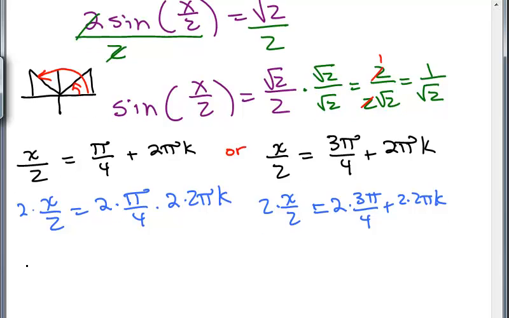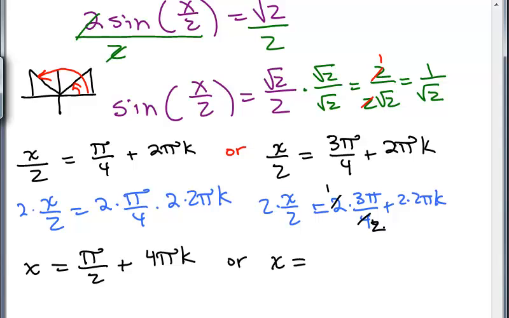So we've got that x equals pi over 2 plus 4 pi k. And over here, or we've got x equals, all right, can we cancel here the 2 and the 4? That's going to give you 3 pi over 2 plus 4 pi k.